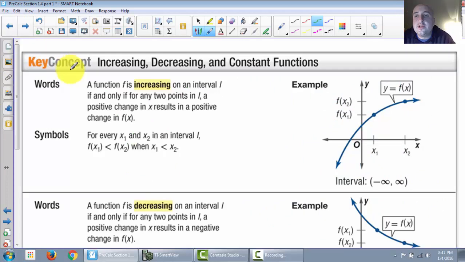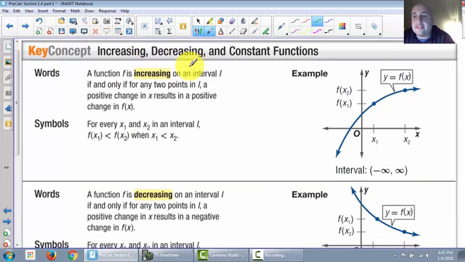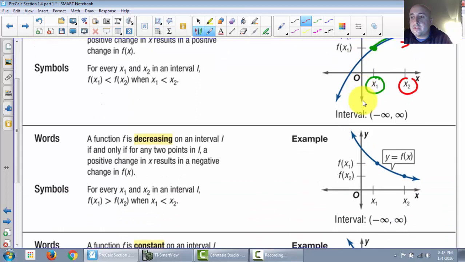All right, so this explains what it means for something to be increasing or decreasing from left to right. Like this one, it's going up. So if I plug x1 into my function and I get this particular y value, and then I plug in another x value and I get this y value, if this y value is bigger than the one to the left of it, it must be increasing.